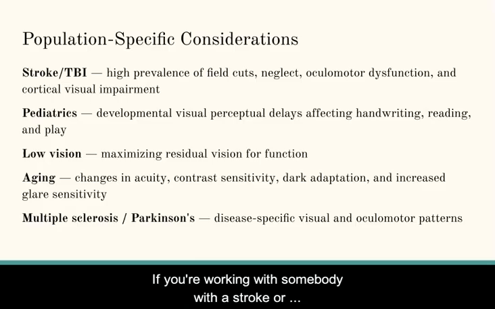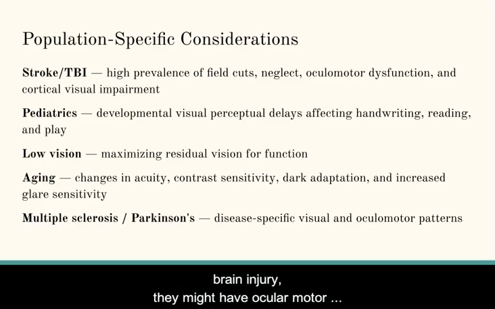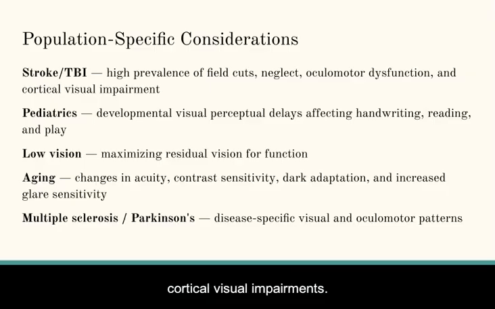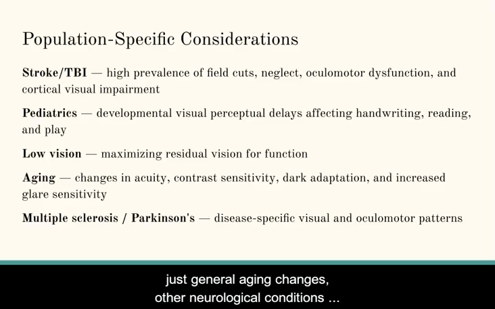If you're working with somebody with a stroke or brain injury, they might have ocular motor dysfunction, visual field impairments, cortical visual impairments. Your pediatrics might have developmental visual perceptual delays, low vision, just general aging changes.